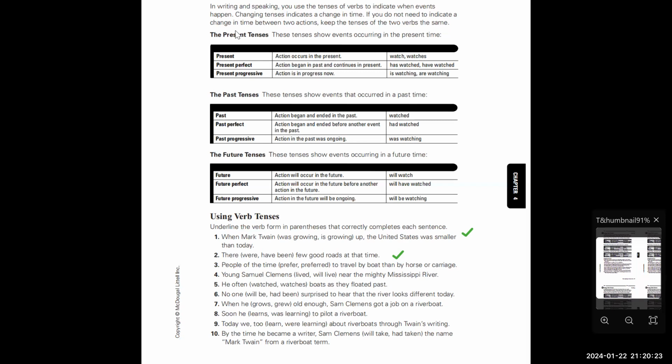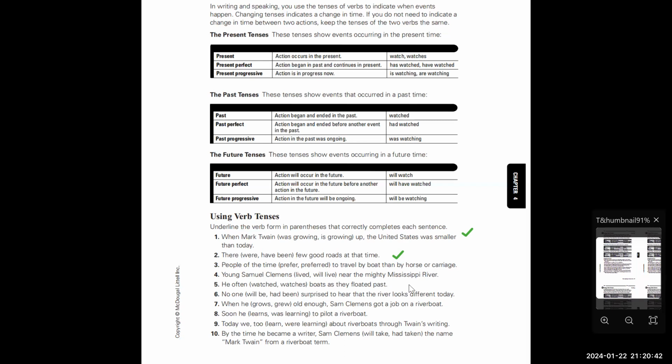What is your final answer? "He often watches." Right. "He often watches boats as they floated past." Okay, that's correct.